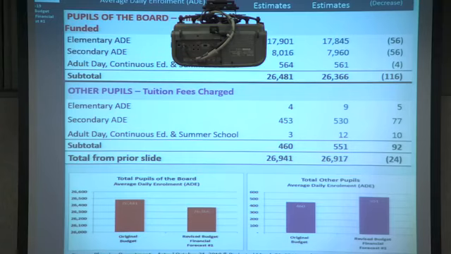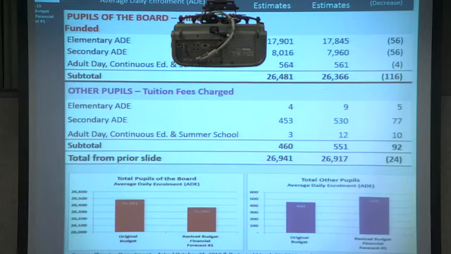The second classification is other pupils. That's in purple. These are tuition-paying students that include international students and students from the Akwesasne Mohawk Board of Education. The overall reduction of 24 ADE is driven by the decrease in pupils of the board and is partially offset by an increase in the other pupils.